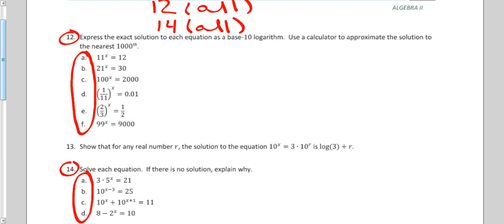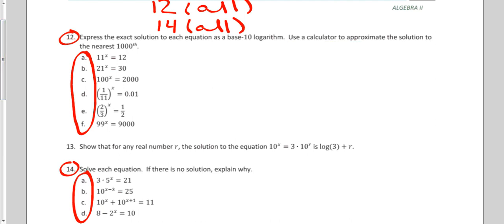I want you to pay very particular attention to the instructions. It says express the exact solution to each equation as a base 10 logarithm. It even says use a calculator, so you get to use a calculator. But first you got to find out what to put in the calculator, right?